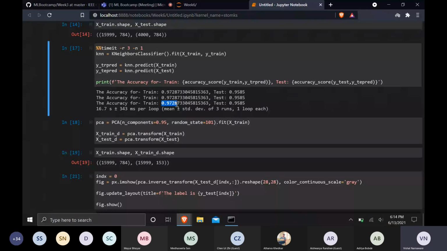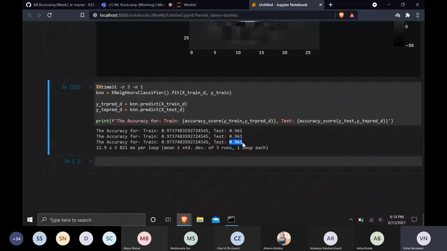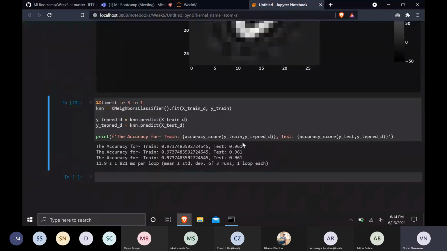So weirdly, after decomposing your dataset, your training accuracy has increased just slightly. Earlier for the testing dataset, it was 0.9585, and after decomposing, it's 0.961. So in this case, the decomposition has come really handy. Our test accuracy has increased by almost 0.01%.